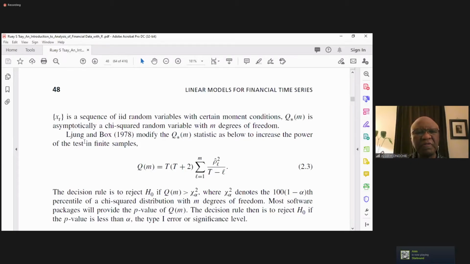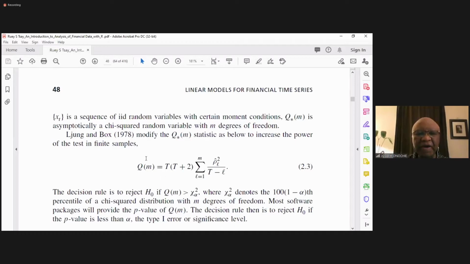But this one, Ljung-Box, is the more popular one. So you calculate this: T is the number of observations in your sample, T times T plus 2 times the sum of each autocorrelation at each lag squared, divided by T minus that lag. We shall do an example and you will see that.